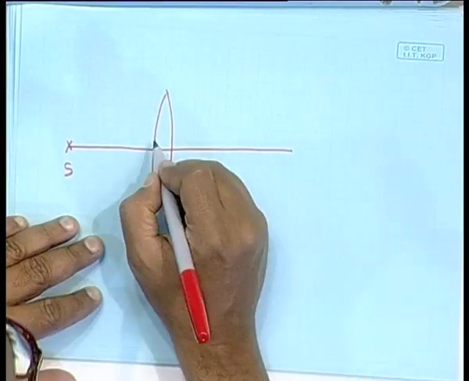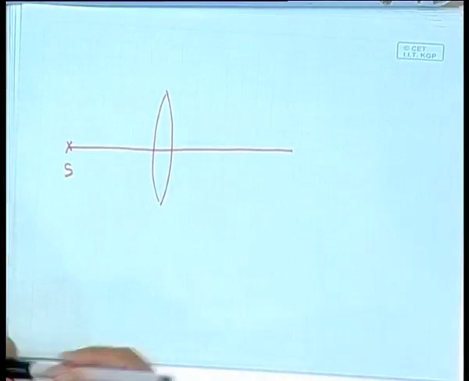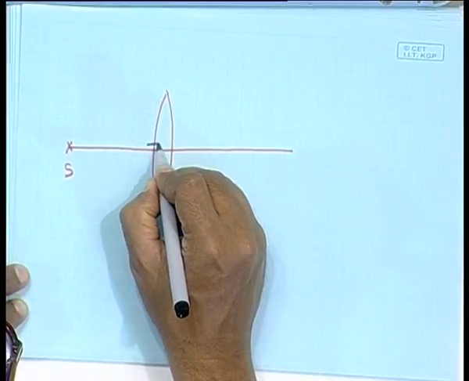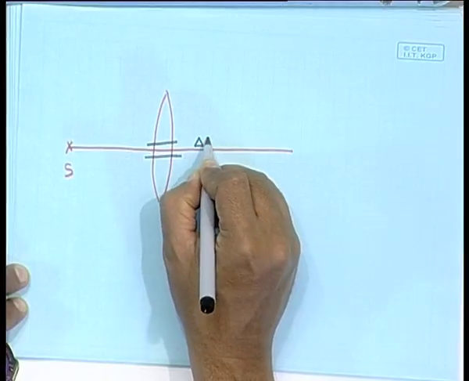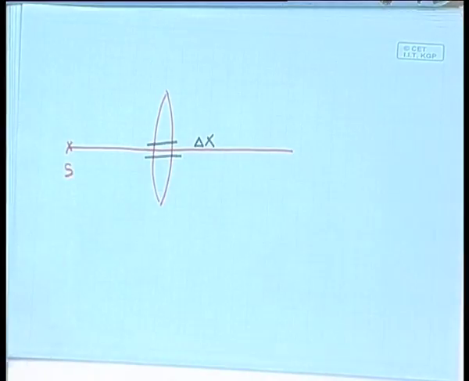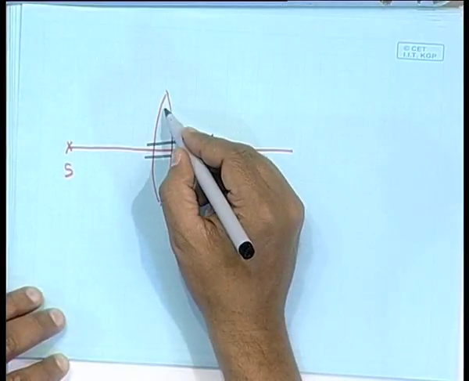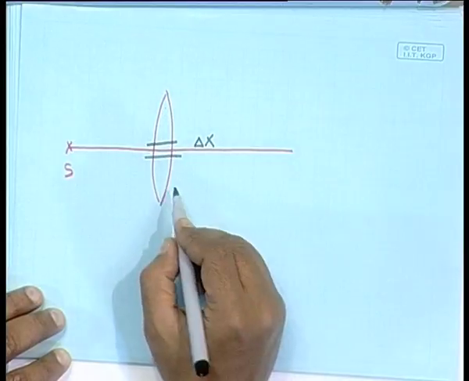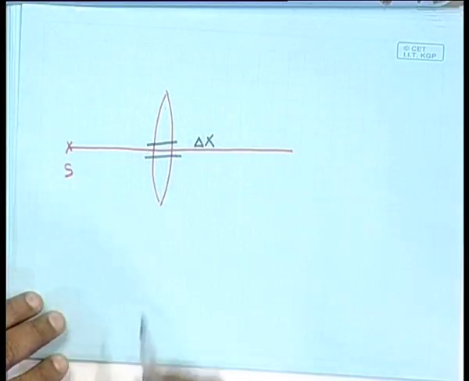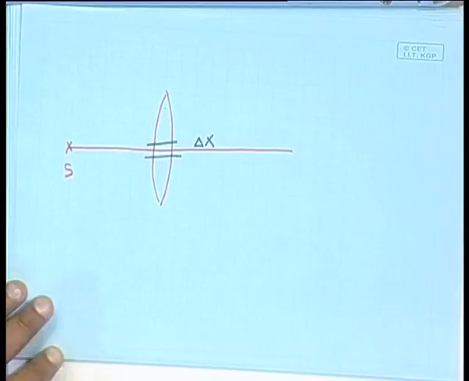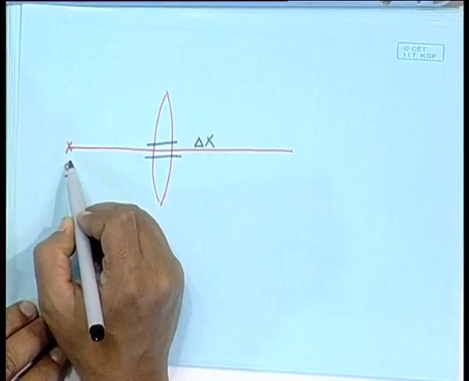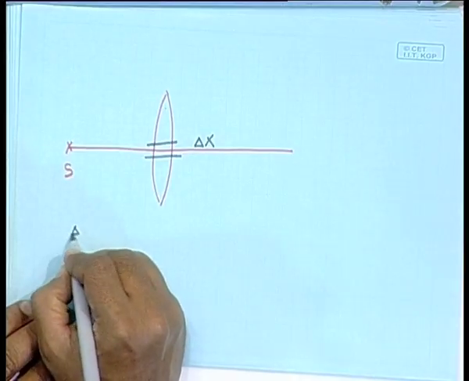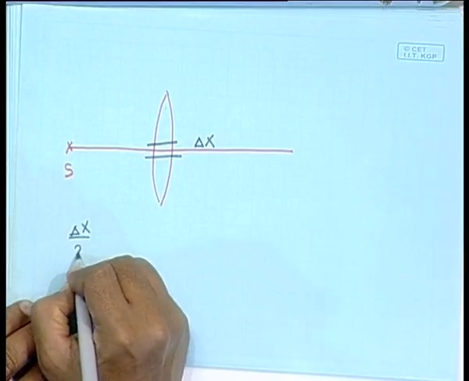The lens is cut over here by an amount delta x, and the upper part of the lens is shifted down and the lower part of the lens is shifted up. This is equivalent to shifting the source up or down by an amount delta x by 2.